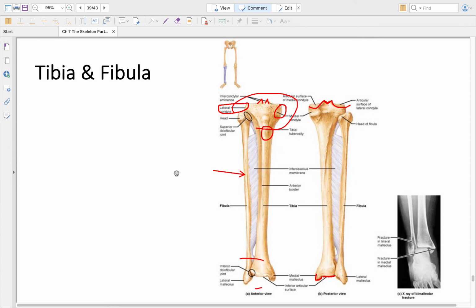Malleolus. Okay. All right, now notice that there's a medial malleolus on the tibia, and it's just this kind of pointy end. And then there's a lateral one on the fibula. Your tibia is your shin, and your fibula supports your shin bone.